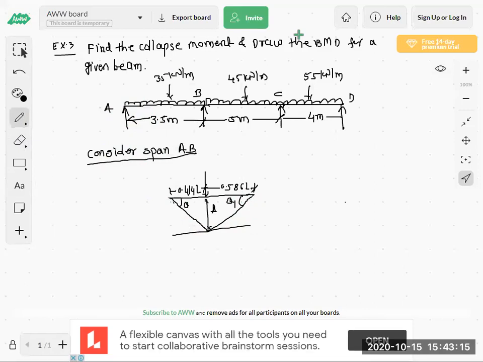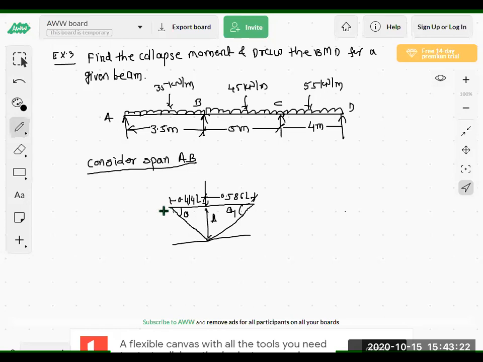Simple support, correct. So if A is a simple support, there is no formation of plastic hinge and the plastic moment will be absent here.